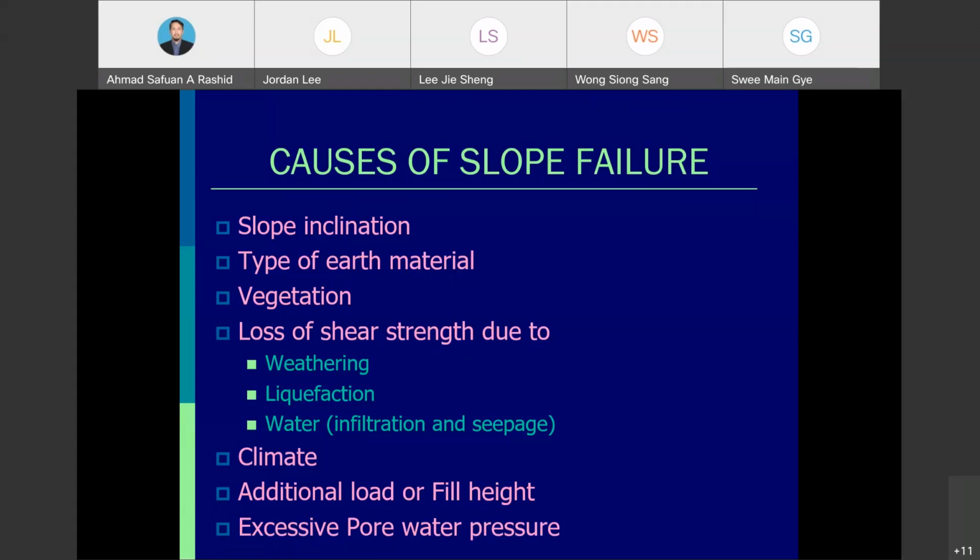Then we have liquefaction, which is more related to earthquake or seismic situations.